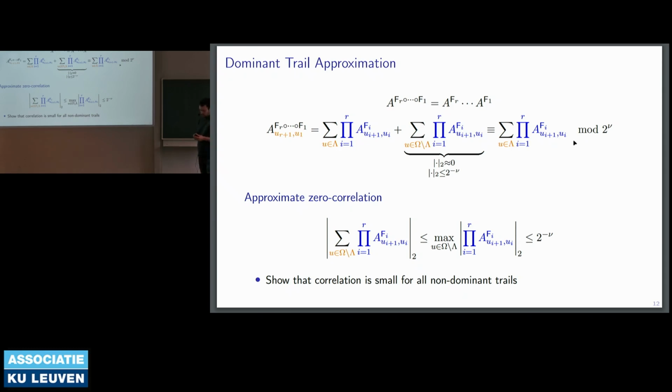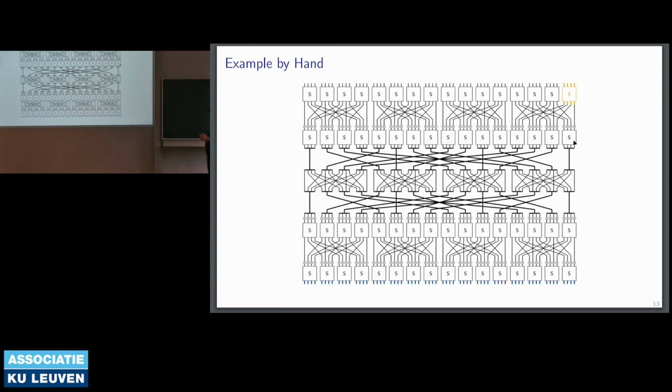Now, this is all the theory, but how would we apply this in practice? I will get back to the example from the start and try to prove that indeed saturating this S-box gives us an output bit that sums to a multiple of 4.